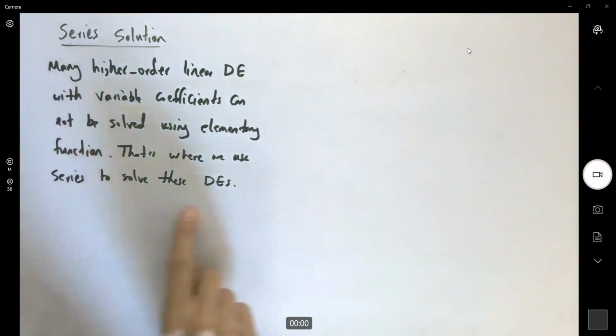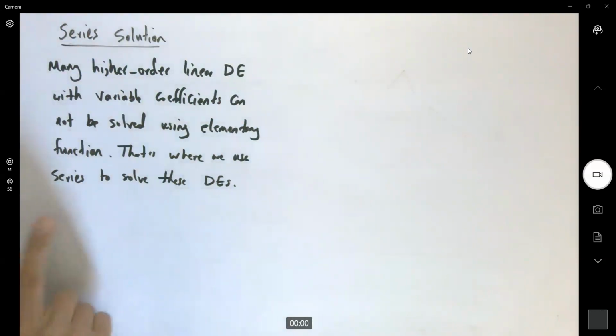So we are going back to elementary calculus and using series to solve those differential equations. For example, suppose I ask you to solve this differential equation.